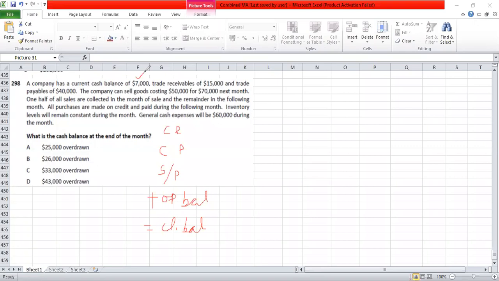Purchases are all made on credit and paid during the following month. The inventory levels will remain constant during the month. General cash expenses will be 60,000 during the month. So now in this case, the first part of it is, are there any cash receipts?